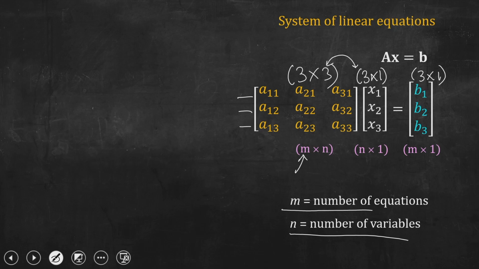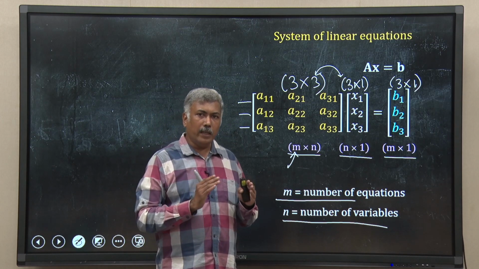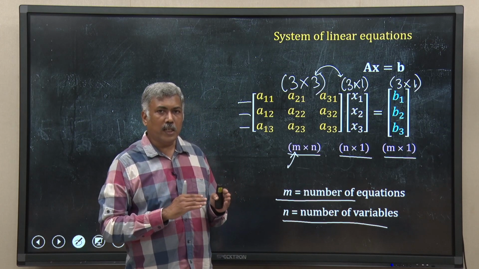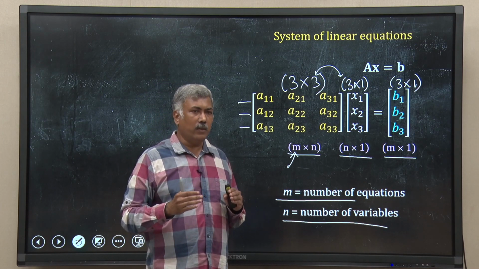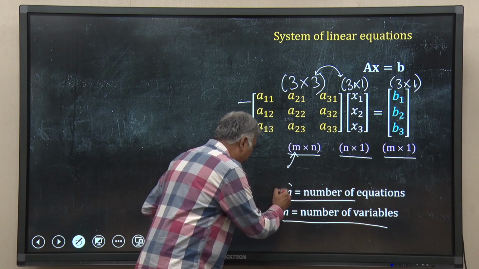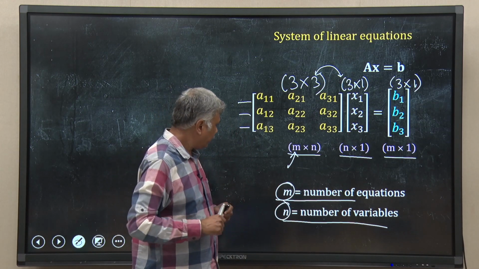So, the coefficient matrix is an m into n matrix, whereas the variable vector is an n into 1 vector and the constant vector on the right hand side is an m into 1 vector. This way of numbering and naming the number of equations and number of variables is important, because I will enter into a discussion where we will see the effect of m and n on our calculations, right.